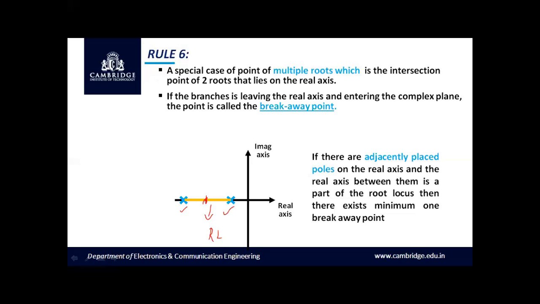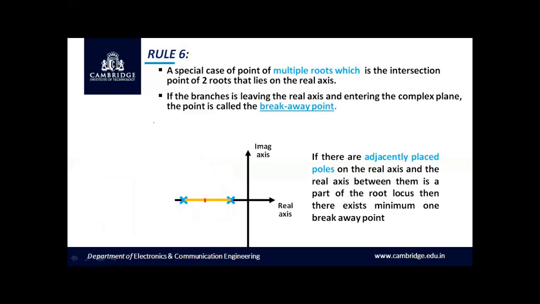That is a special case of a point of multiple roots, which is the intersection point of two roots exactly at one particular value of k. When k starts increasing from 0 to infinity, at one particular value of k, you get multiple roots at one particular location, and that intersection point we can call the breakaway point.